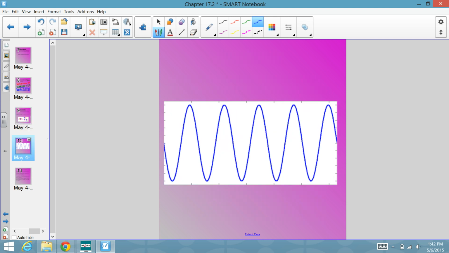So just to recap, let's go ahead and label the different properties of waves in this picture. If we measure how far the wave is from one point to the same point on the next peak, this is what we call the wavelength. If we measure how long it takes for a wave to go out and back to the same point, the amount of time to do this is the period.